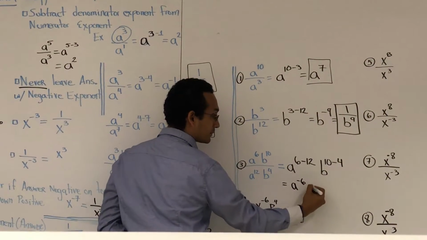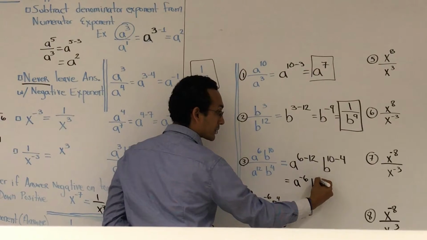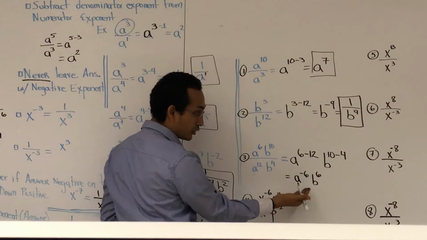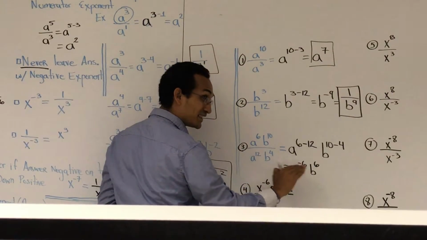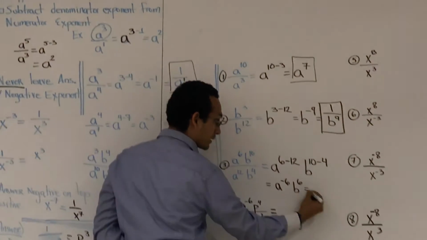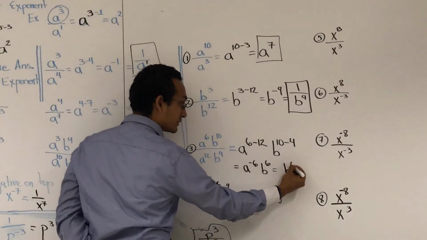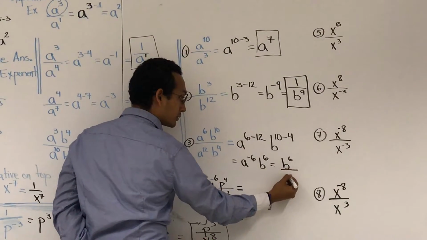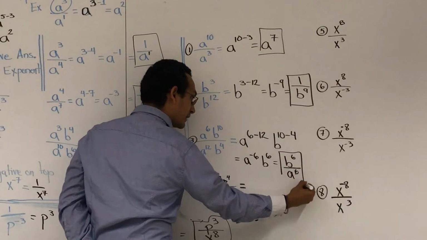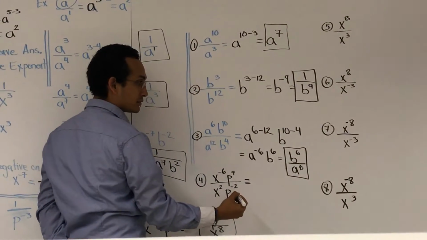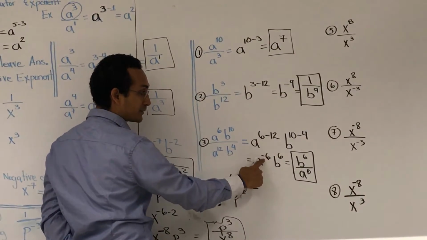And 10 minus 4 is positive 6. Now notice, this guy is negative, so it's going to go down. This is positive, so it stays up. So this is b to the 6 over a to the 6. And therefore, this guy is your final answer. So again, never have negative exponents at the end.